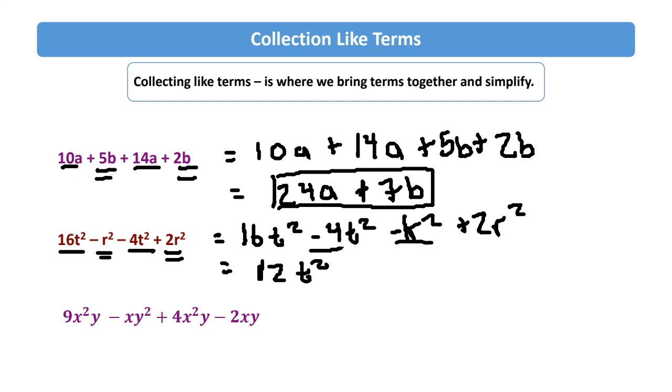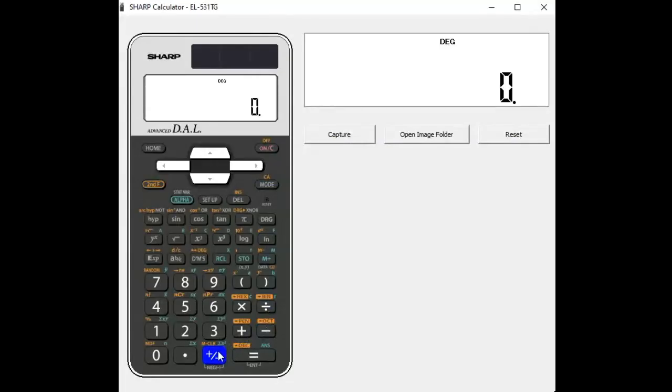If I want to put a negative in front, I don't use the subtraction key because that'll give you an error, but I'm going to go negative 1 plus 2 in my calculator, and that's going to give me a 1.